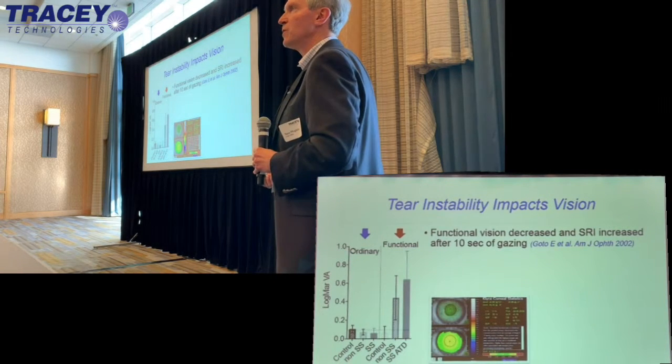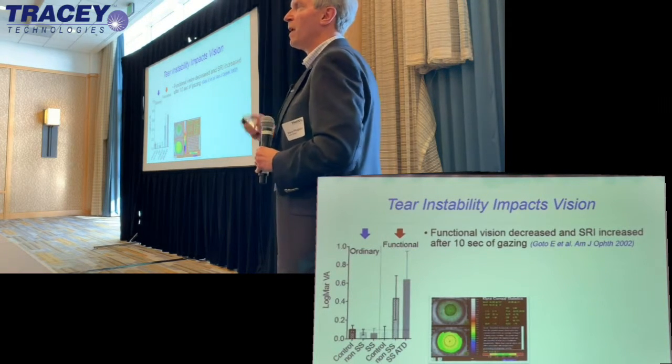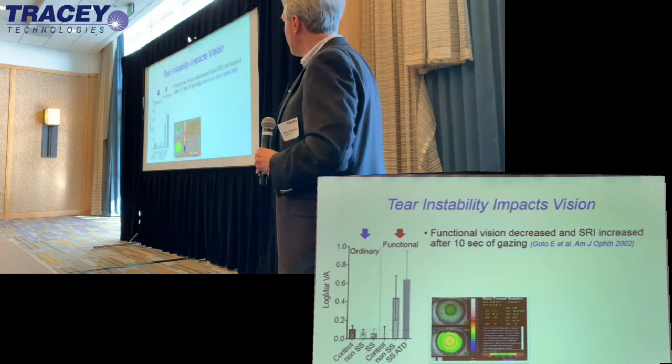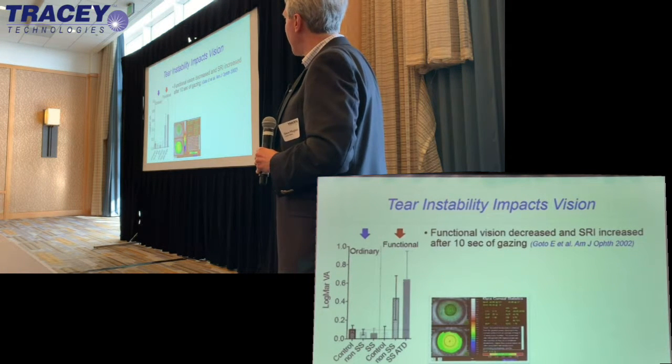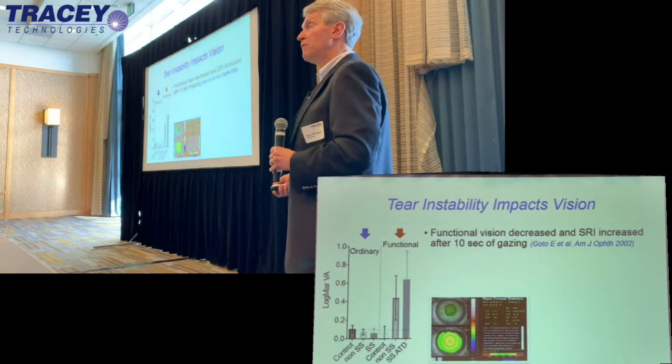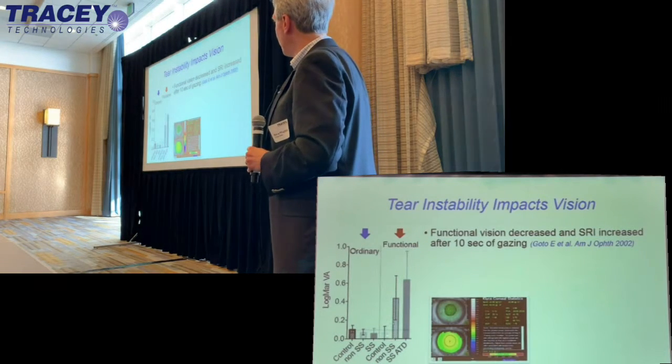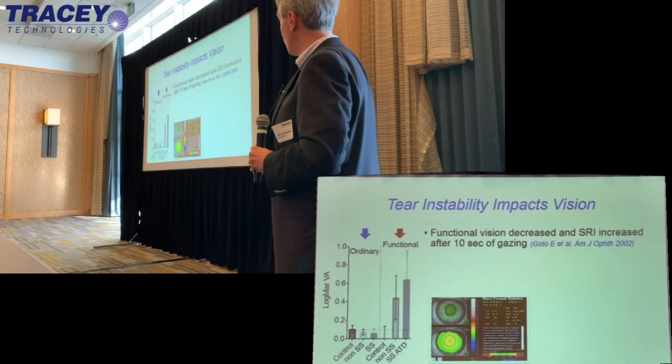Like the patient would just cover one eye and read the eye chart. But after they held the eye open for 10 seconds of gazing, the controls still had the same logMAR visual acuity, but there was degradation of the visual function in both types of aqueous tear deficiency.